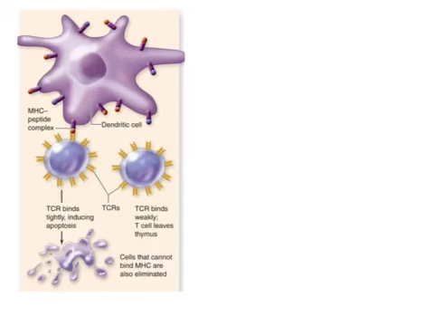Let's look at how T cells are going to be able to recognize self from non-self. We're focused here on T cells and how they recognize self from non-self, because we don't want T cells attacking our own healthy cells.